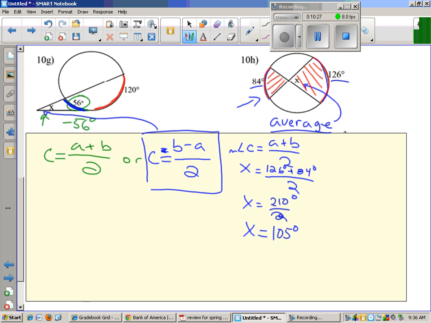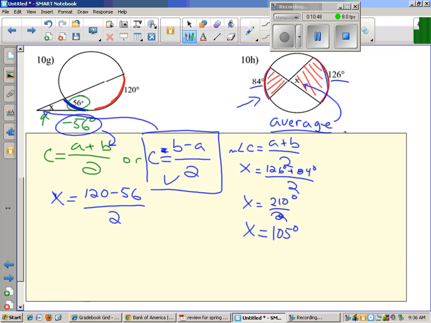Okay? So in this case, either way you work it, you're going to end up getting that x is equal to 120 minus 56. Either you memorized this formula or you used a negative 56 in this formula. Either way, you're going to get a negative in front of that 56.